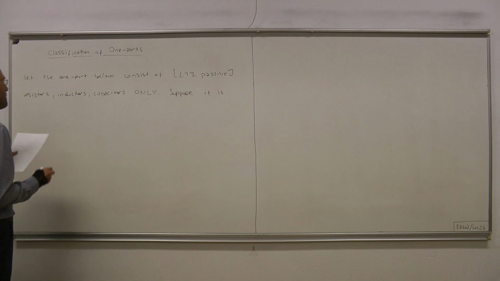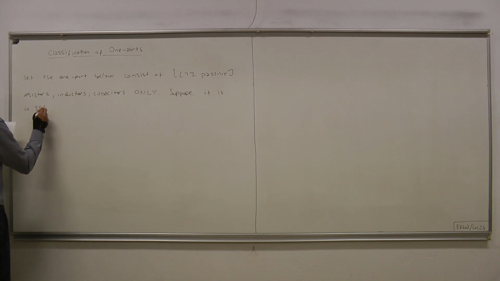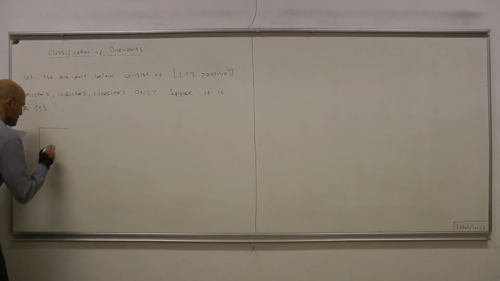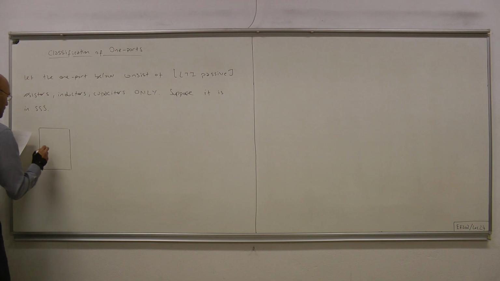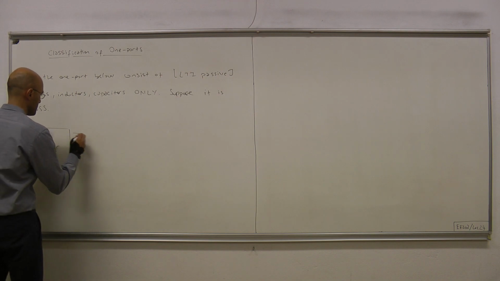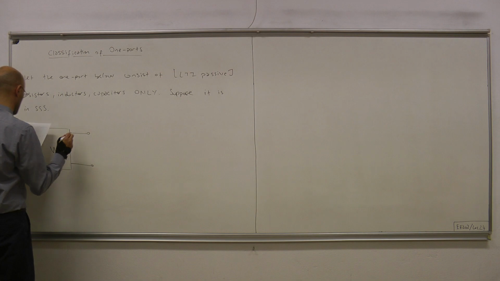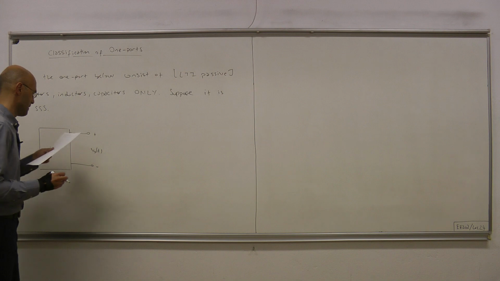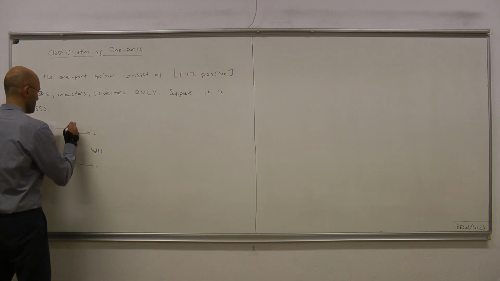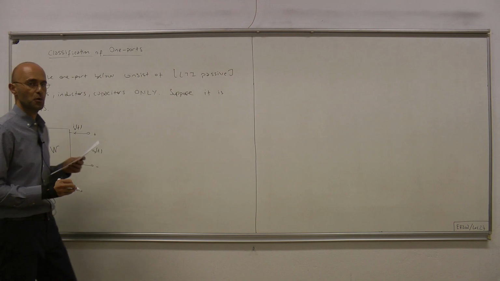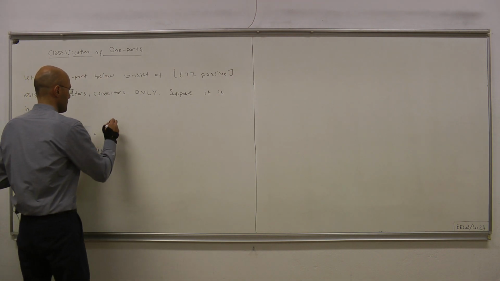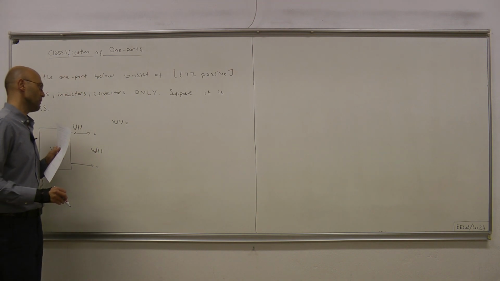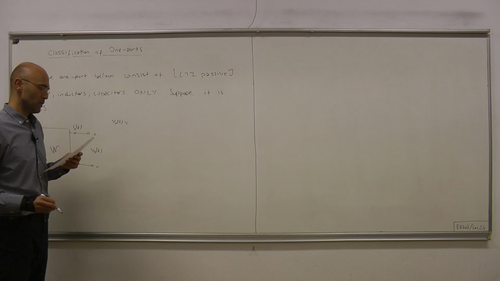So this is how we represent our one port N. The voltage across its terminals is denoted by v0(t), and the current that it extracts is denoted by i0(t). Since we're in sinusoidal steady state, the voltage and current are sinusoidal, oscillating at the same frequency omega.